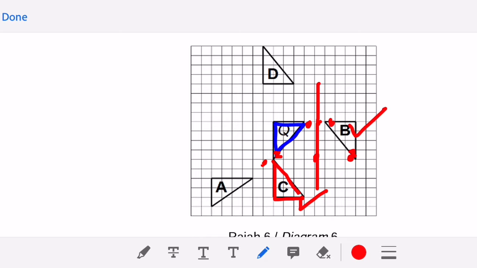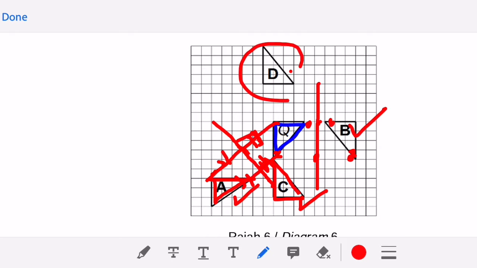You can connect like this and figure out the midpoint. You can draw a line of reflection and measure the distance, and it must be perpendicular distance. So this is also another image. So we have three images, but the question wants one that is not.